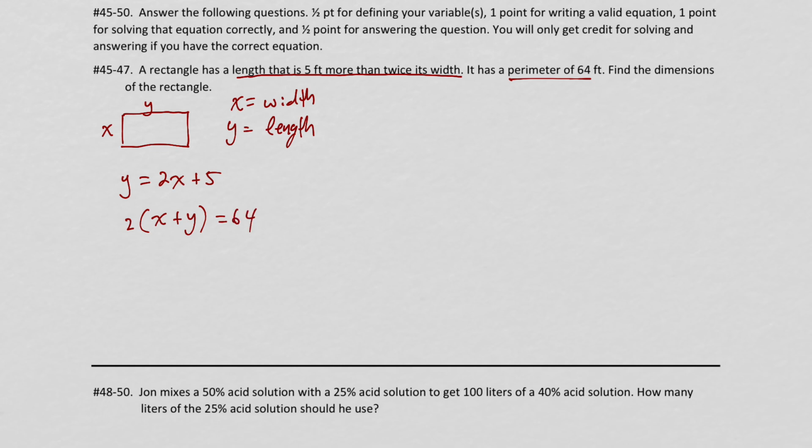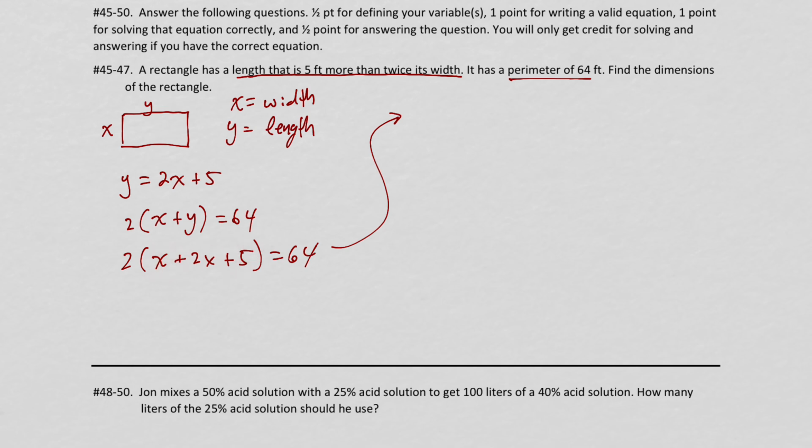So using substitution, I'm going to substitute for y. I'll plug this right in here. So this stuff is going to go in here. Instead of distributing this 2, I'm going to divide each side by 2. So I divide this side by 2 and this side by 2. And then I'm going to combine like terms in here.